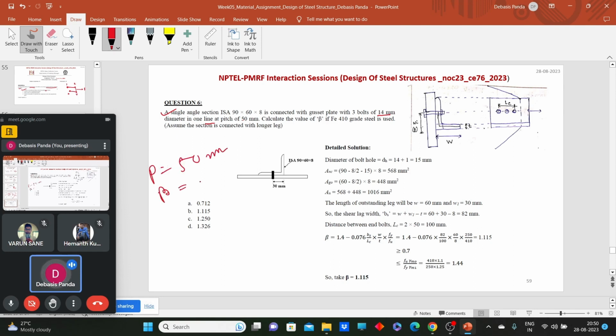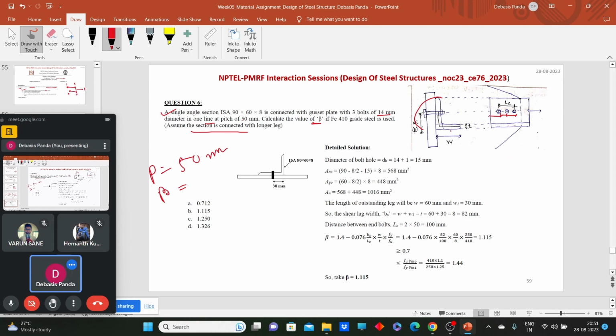Beta value is not given, so you need to calculate the beta, and consider that the longer leg is connected. Okay, so let's calculate the beta, no problem. So the 90 leg is connected. We have 3 bolts with pitch 50, and the end distance is given, but we don't need the end distance.